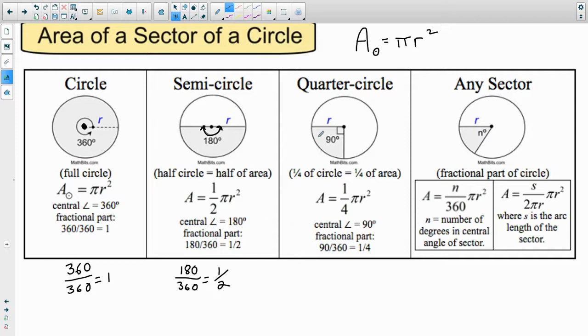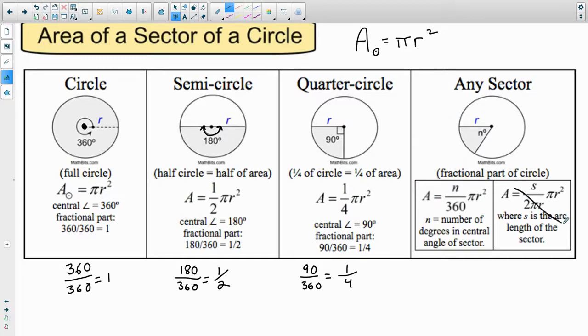And likewise, if you looked at a 90-degree central angle as the angle of your sector, you would put that angle out of 360. You can put that in your calculator, math, enter, enter, and it's going to simplify to 1/4, which is why we have 1/4 as the coefficient to our pi r squared, 1/4 of the area of the circle. Well, how does this work for any central angle?